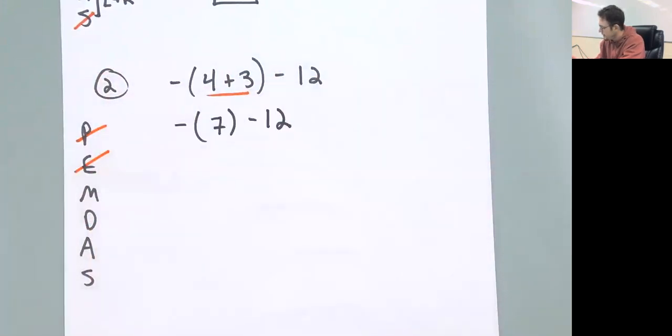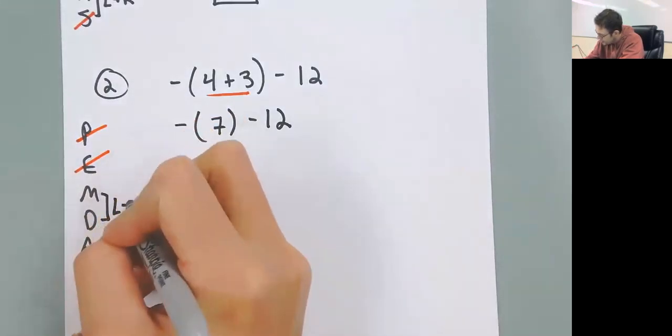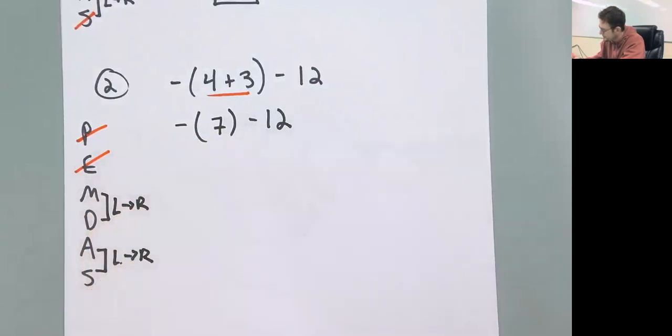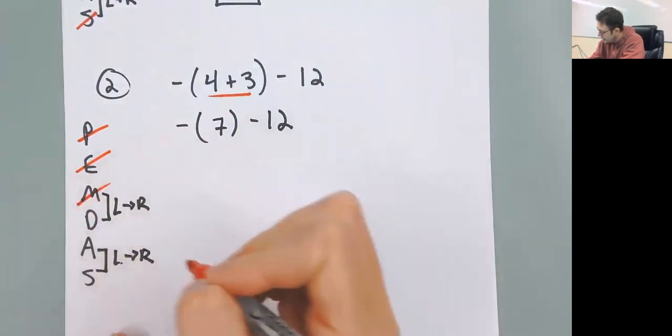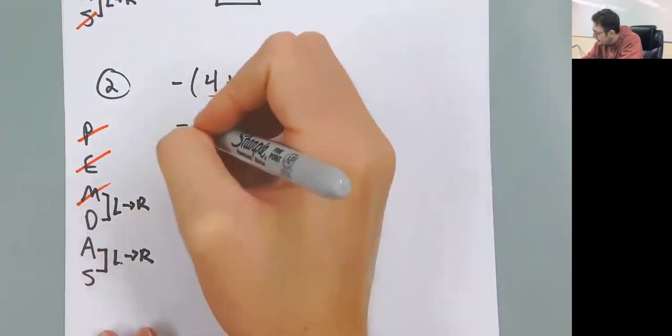There's no exponents. Remember, these are blocked off. These are interchangeable, right? Left to right, left to right. But there is no multiplication. I lied about that. There is multiplication, and it's right here.